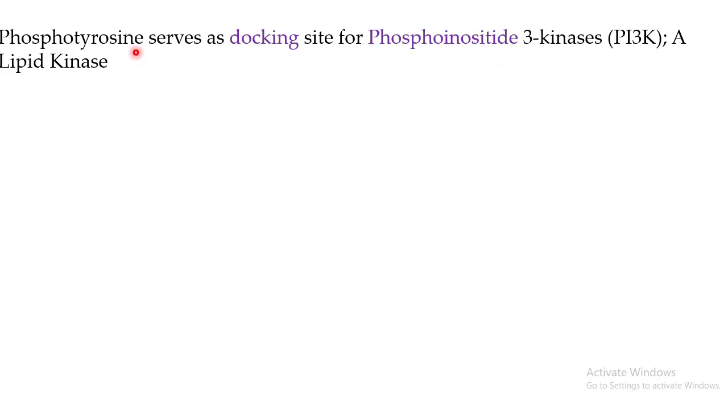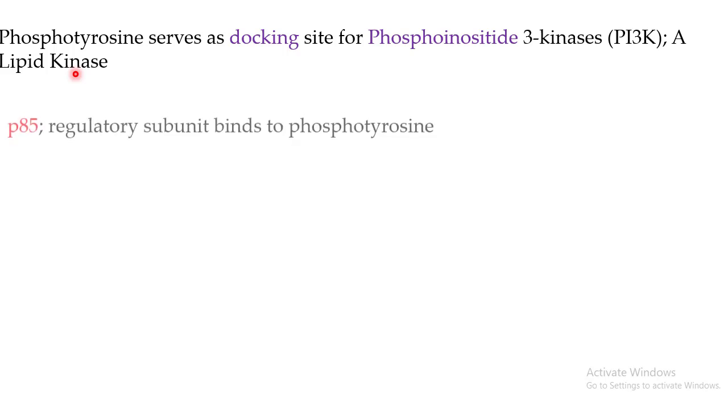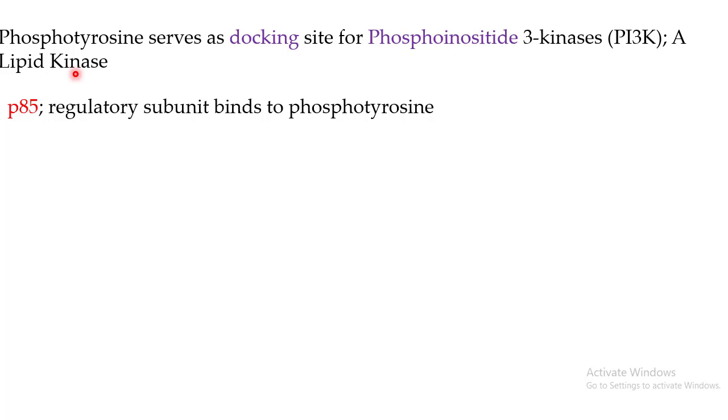Now, the phosphotyrosines on the IRS serve as the docking site for this PI3K. By the way, this PI3K is a lipid kinase, and you will see in a while why we call it that. This PI3 kinase has two important subunits. One is the regulatory subunit, known as P85, and this P85 binds to the phosphotyrosines present on the IRS protein.